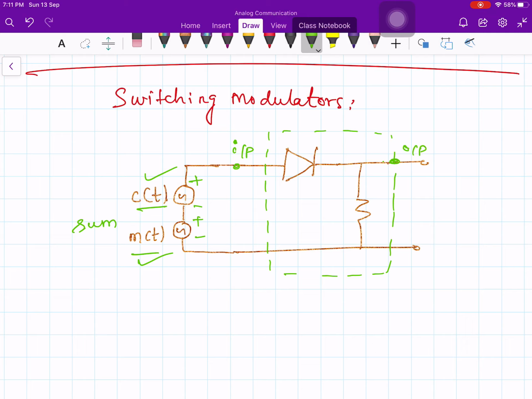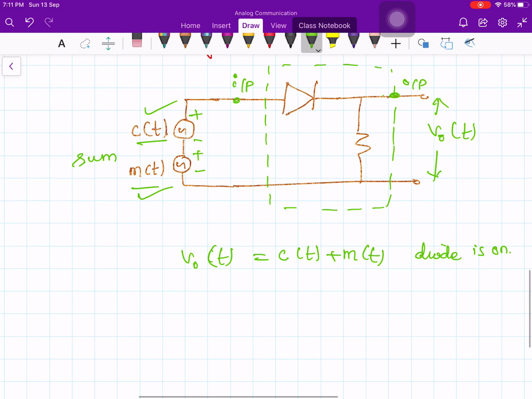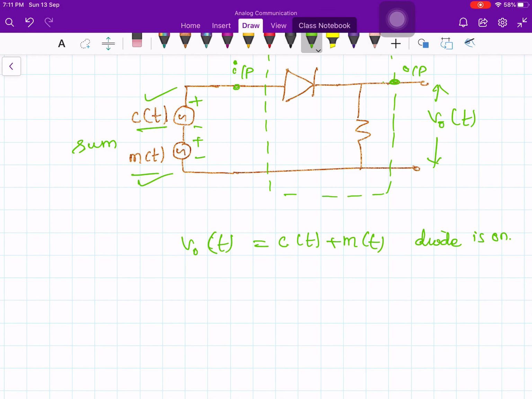The output voltage V naught would be simply equal to the input voltage at that time. Therefore, V naught of t is equal to c of t plus m of t when the diode is on. So when the diode is perfectly conducting, the output is simply equal to the input voltage.